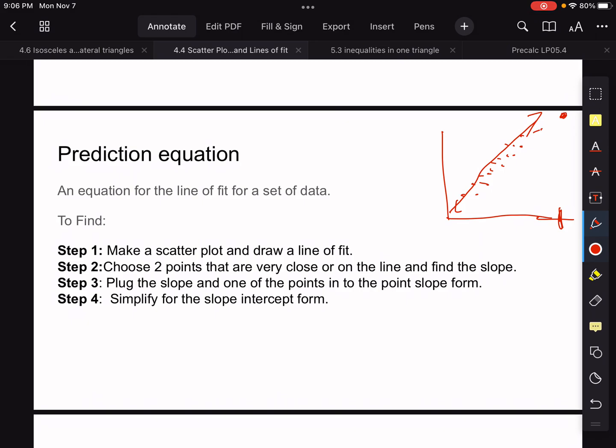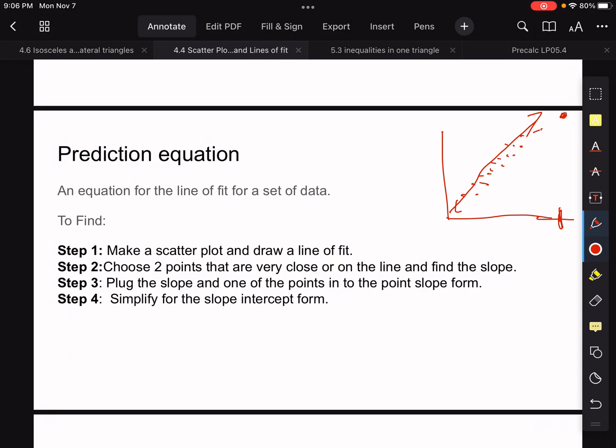And this is really no different than when we found an equation between any two points. It is a little bit different, but the technology is going to help us with that. So first of all, if we're not using tech, we're going to draw a scatter plot out. They're going to give you a bunch of data and a chart. You're going to put the data onto a graph, and then approximate a line of fit.